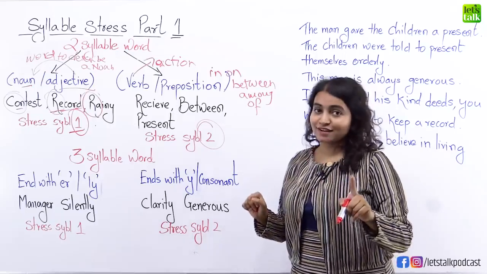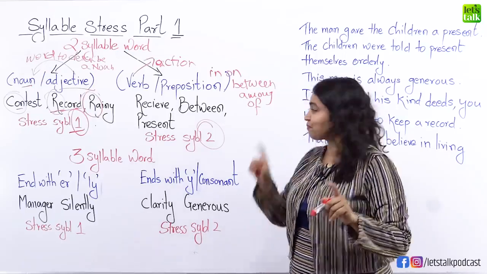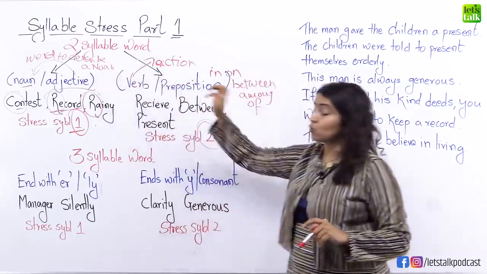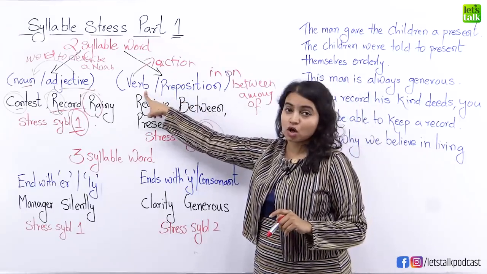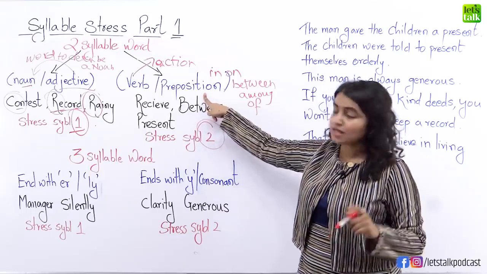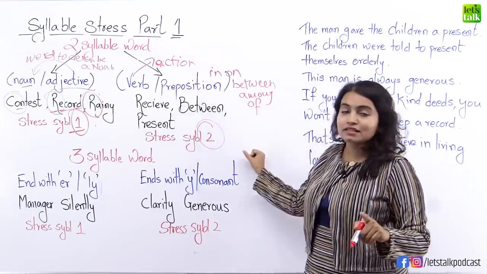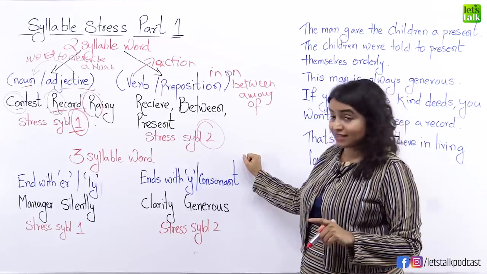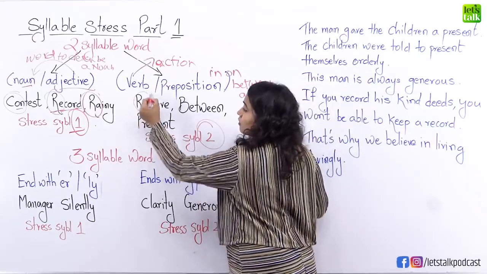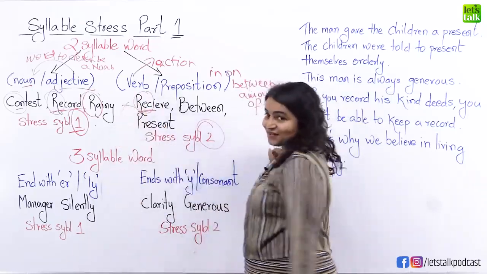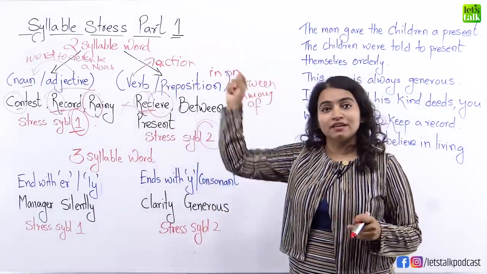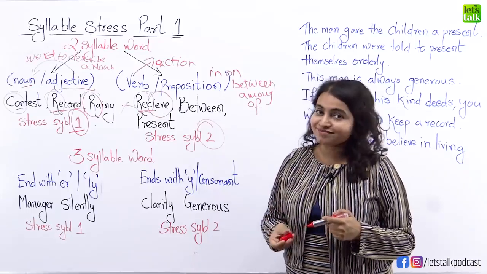I'll repeat that again for those who did not understand it the first time. If we are now looking at a 2-syllable word, and if that word is a verb, which is a word that talks about an action, or if that is a preposition, then you are going to stress syllable number 2.